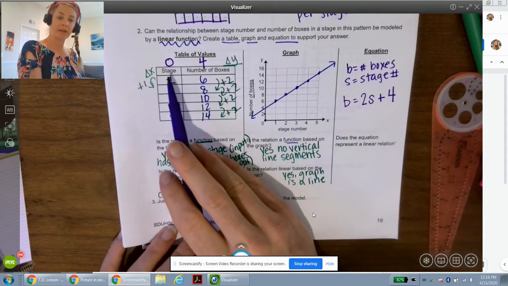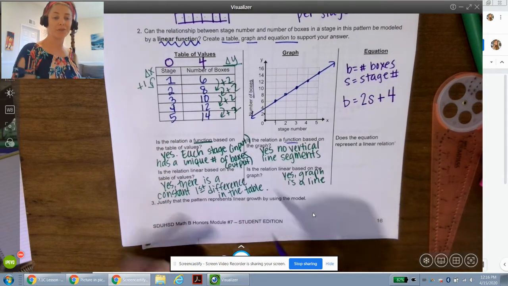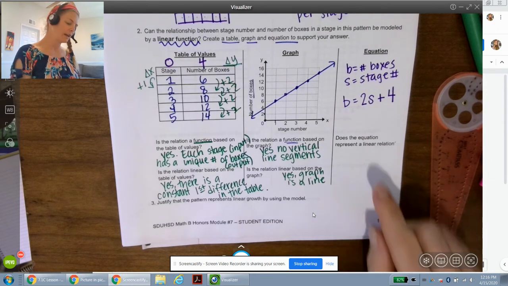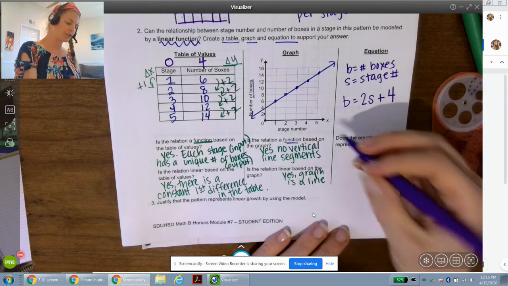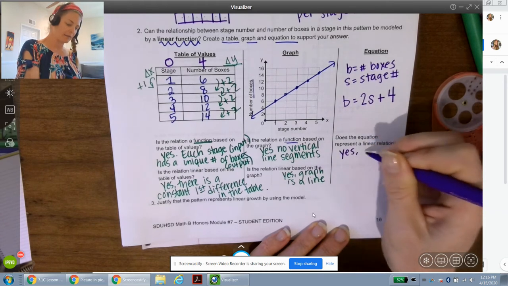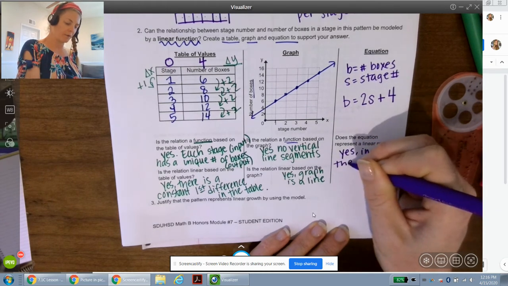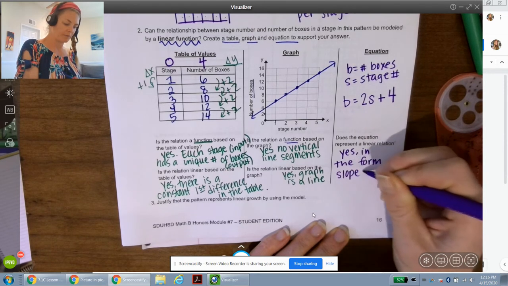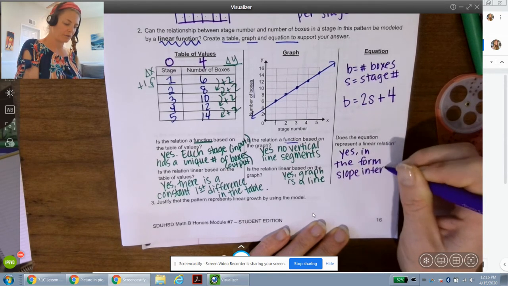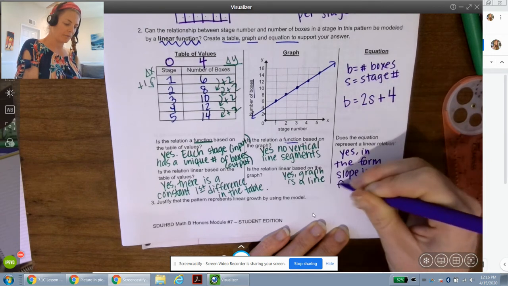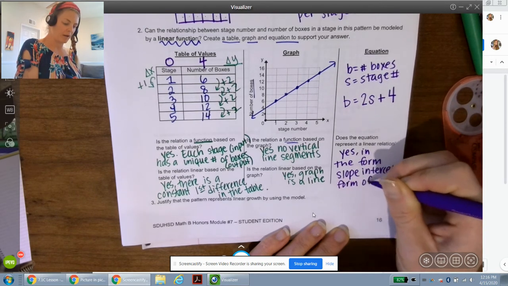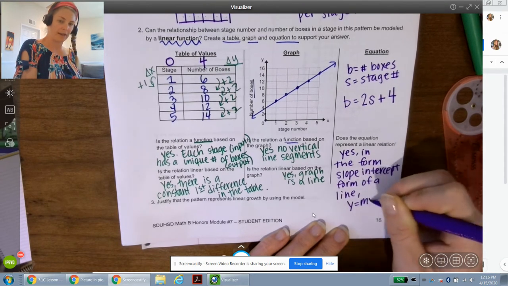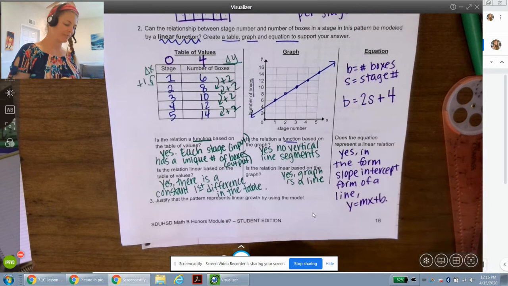Remember, sometimes putting in 0 into our tables can be super helpful for understanding these relationships a little better. Does the equation represent a linear relationship? Yes. In the slope-intercept form of a line, y equals mx plus b. Cool.